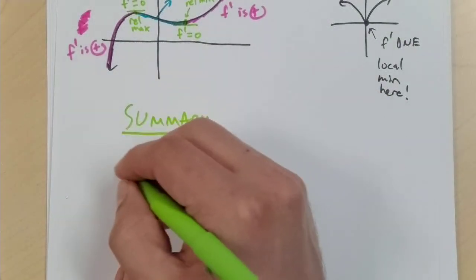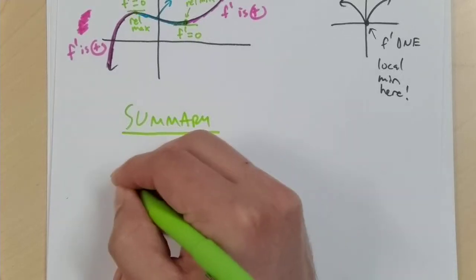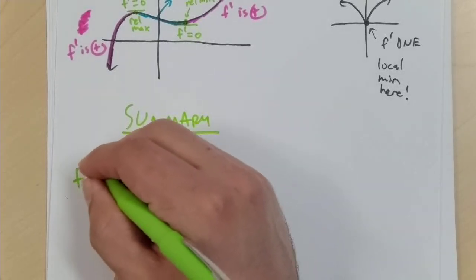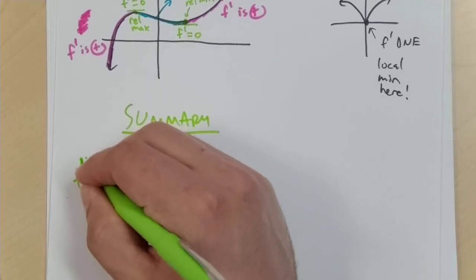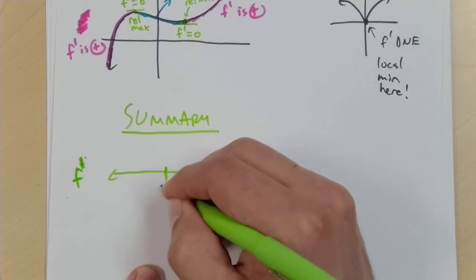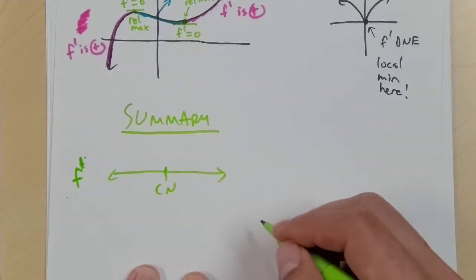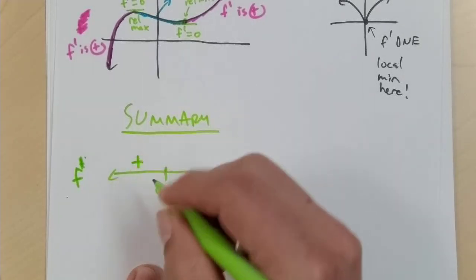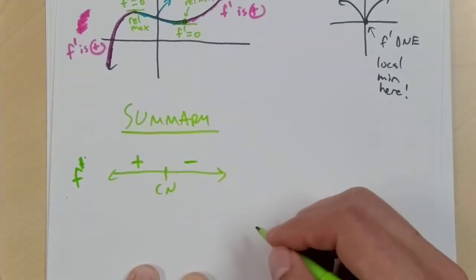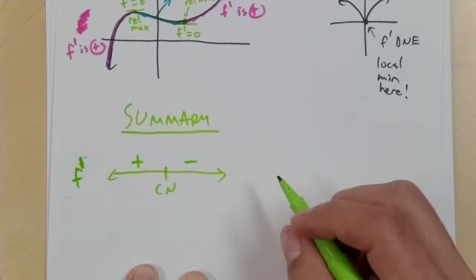We do our number line for f prime, and we have a critical number. Here on this side, the derivative is positive. On this side of the critical number, the derivative is negative.